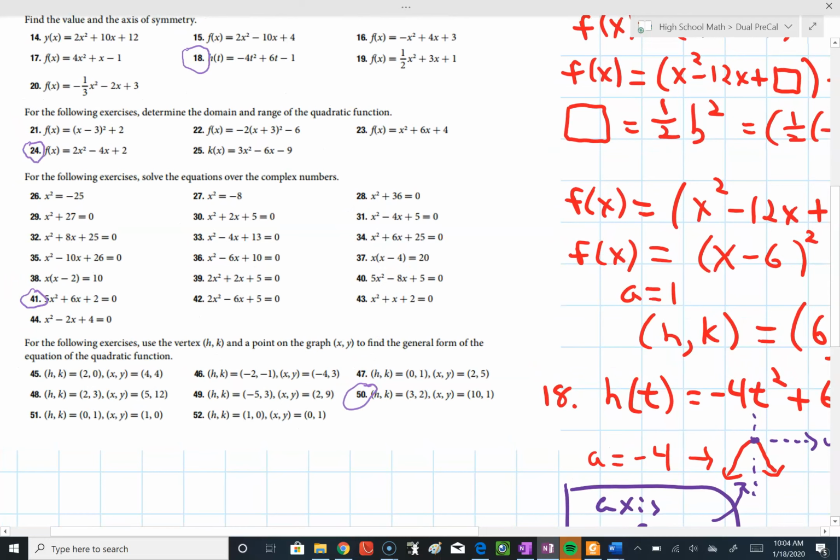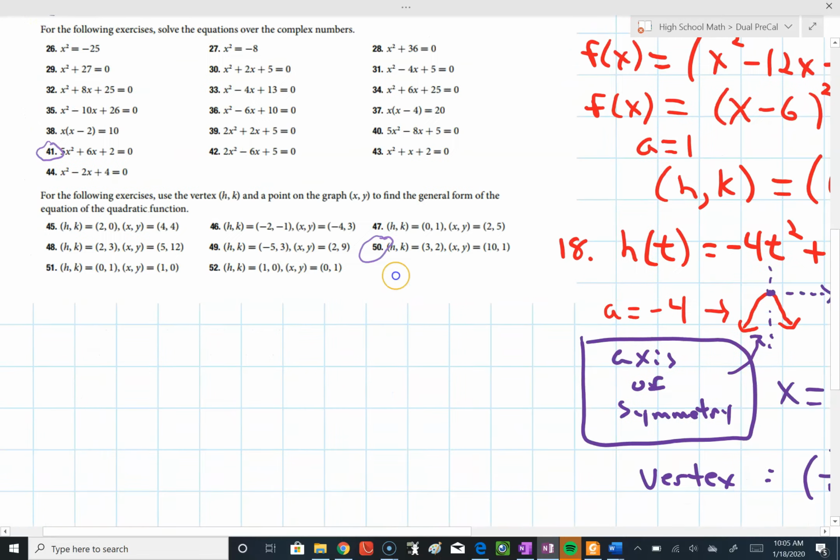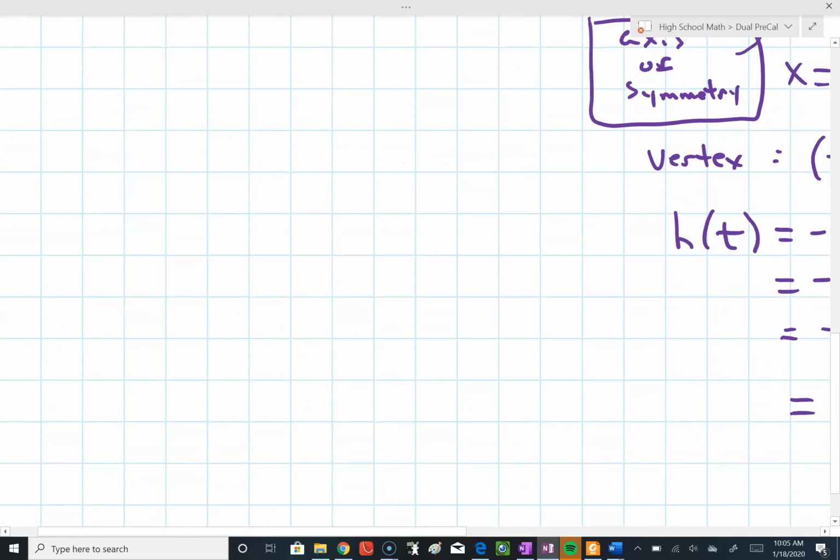Number 24, for the following exercises, determine the domain and the range. Well, for our quadratic functions, domain is going to be very easy. It's going to be all real numbers. And if you think about the way the domain is x, input.